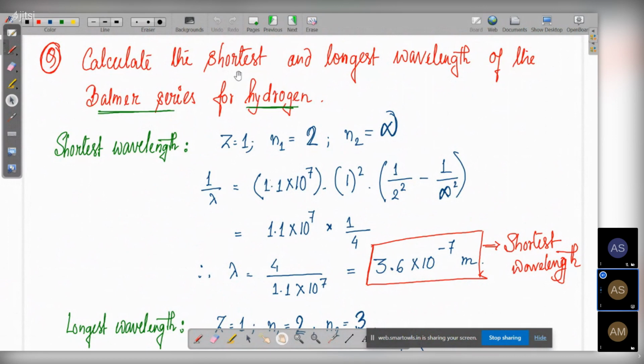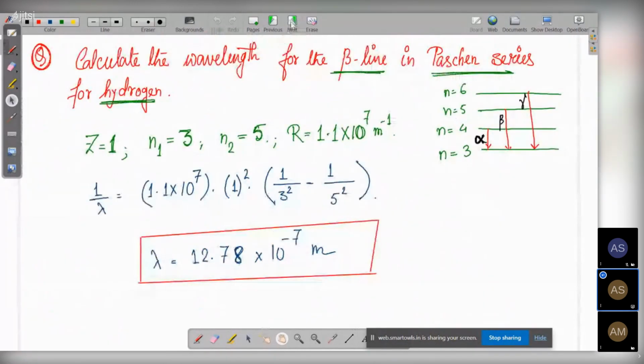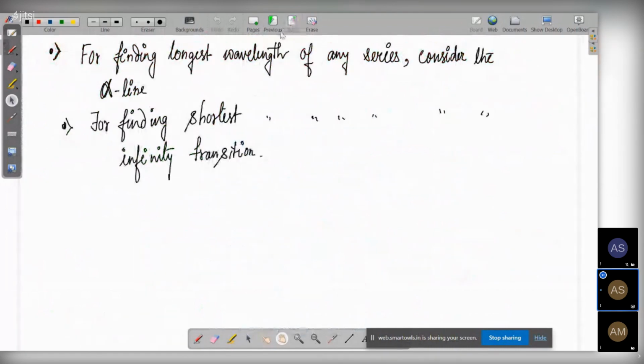Since Balmer is the only one which is in the visible region, if words like visible spectrum or optical transition are used, they are referring to the Balmer series only. So these questions can be framed in various ways, but ultimately only one formula is there. Whatever question might be given, it will be done by the same formula only.